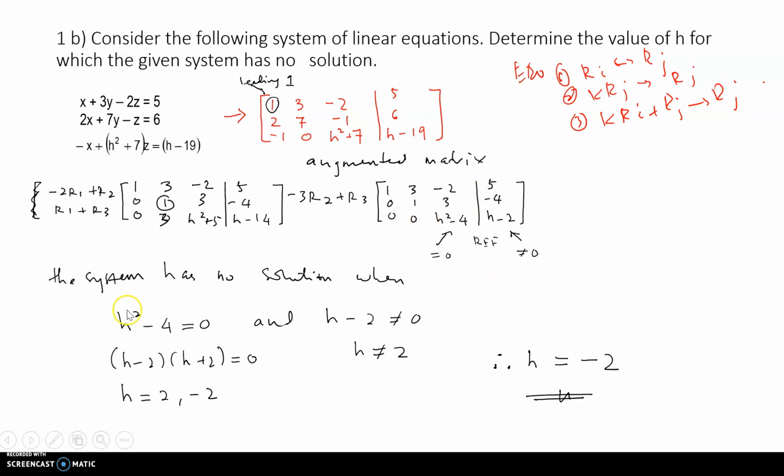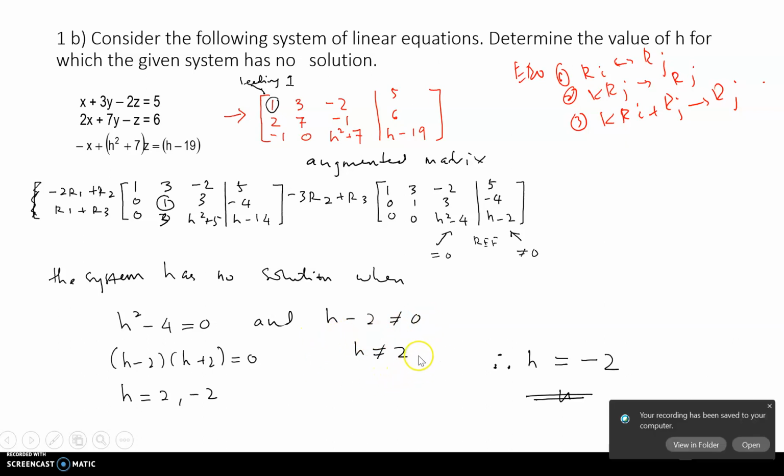So H squared minus 4 equals 0. You solve this for H and you get 2 and negative 2. And H minus 2 not equal to 0, therefore H not equal to 2. Compare these two answers, and you will get H equals negative 2.